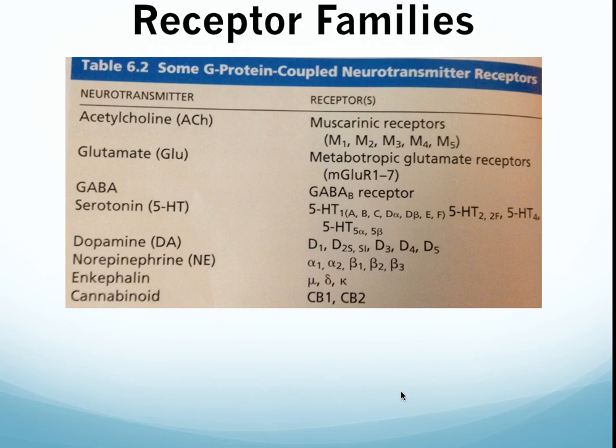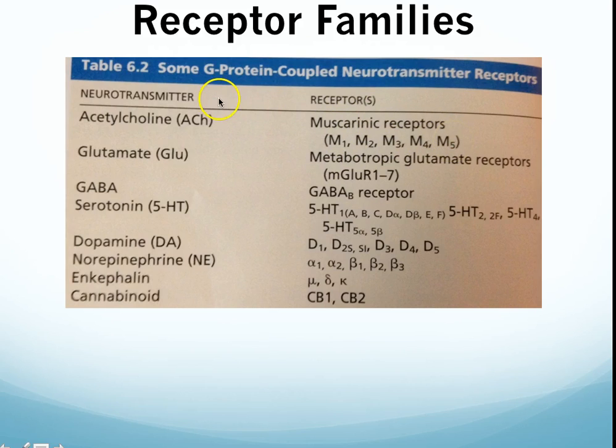But just to bring it full circle, we have acetylcholine here. Now these are G protein coupled receptors. What you can see is that these muscarinic ones, unlike the nicotinic pores that let in ions, are GPCRs. And there's a whole bunch of different types of them. Some might be Gs, some might be Gq, some might be Gi.